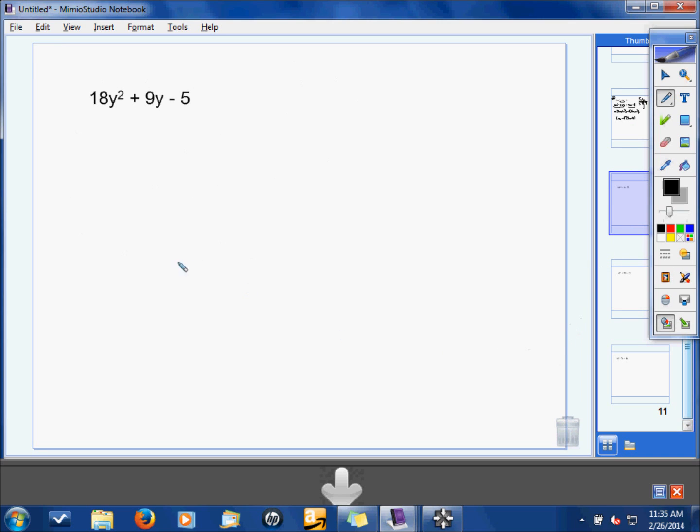Let's check this one out. Anything in common? No? And you're like, oh, because you see 18 and 5. You have calculators, guys. How much is 18 times negative 5? Get your calculator out.